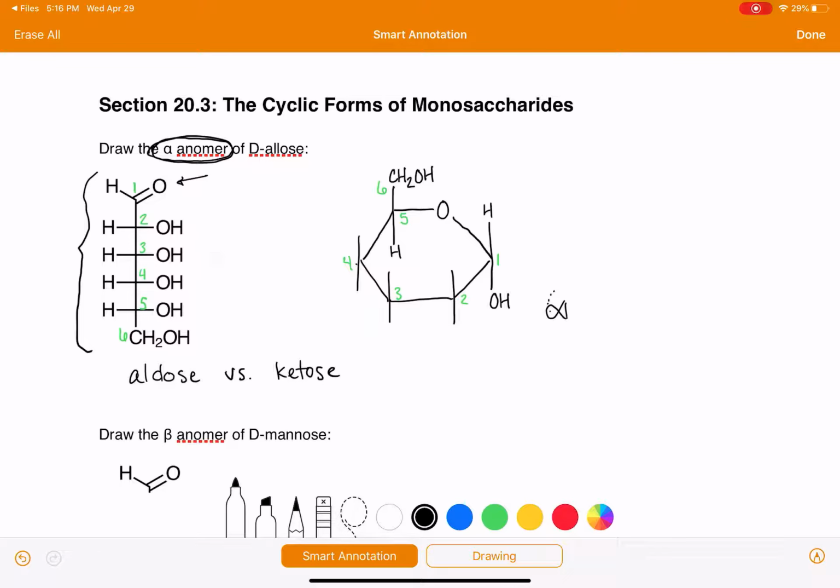To get the right positions of the groups on carbons 2, 3, and 4, I have to go back to the straight chain molecule and imagine when I turn this thing clockwise to the right, where will the OH groups end up? So I'm visualizing in my head, if I turn it clockwise to the right, all of those OH groups are going to end up pointing down, and all of the H's are going to end up pointing up. So this is what we get.